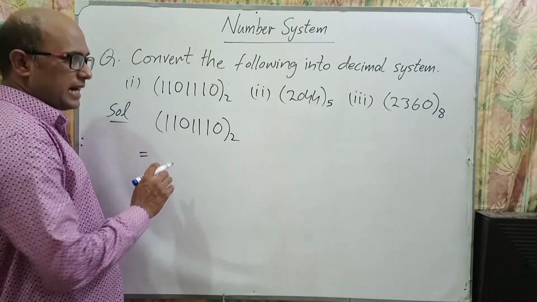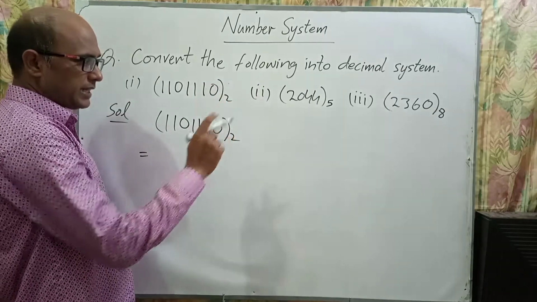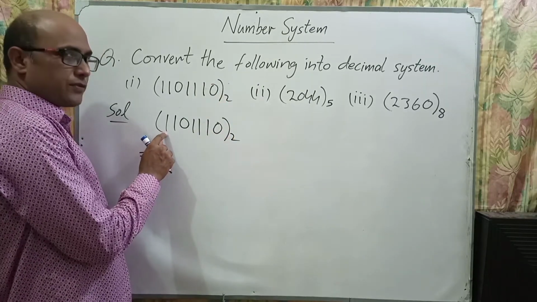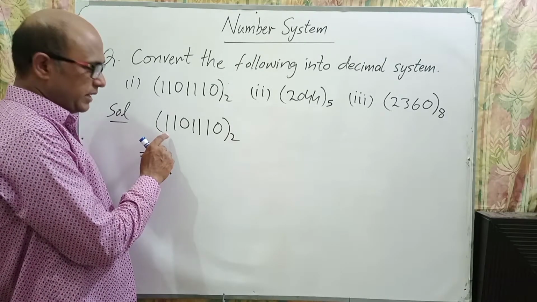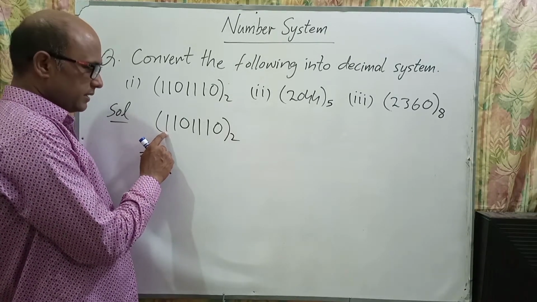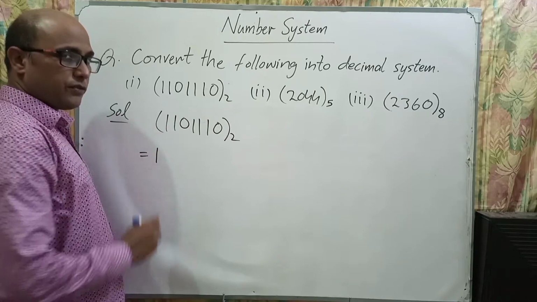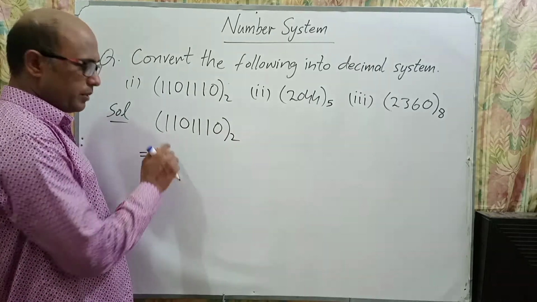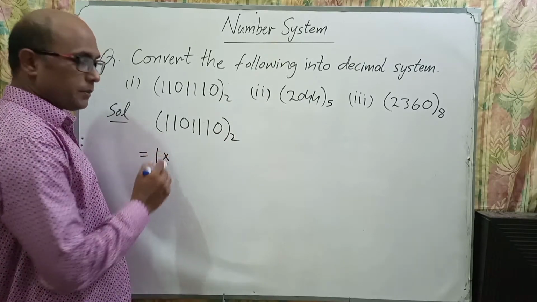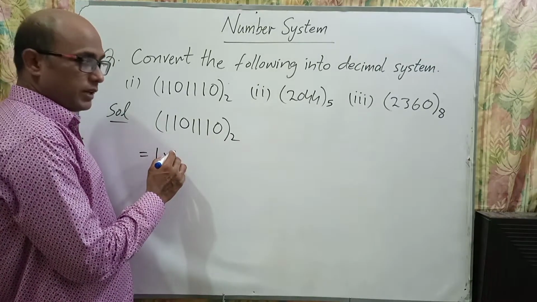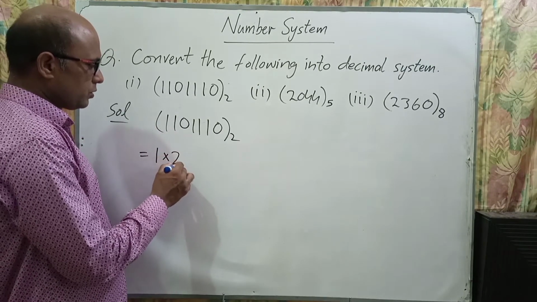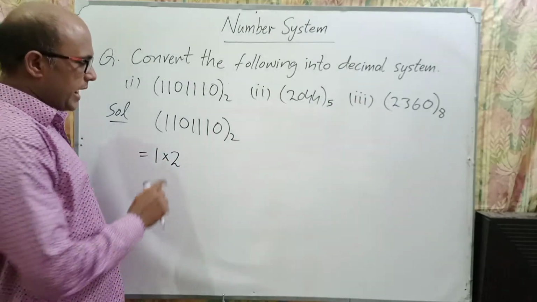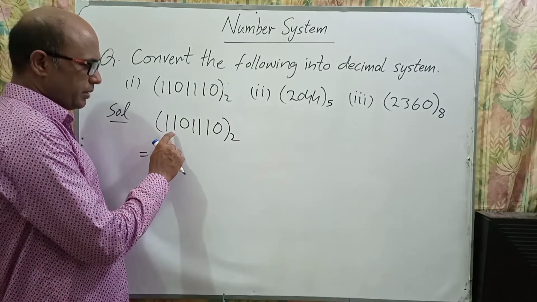So when we start converting it into decimal system, we'll start from the left hand side. The first number on the left hand side is 1. First of all, write that first number and multiply it with base 2, and you will write a power upon this number.